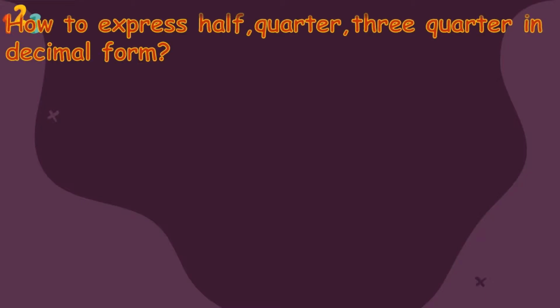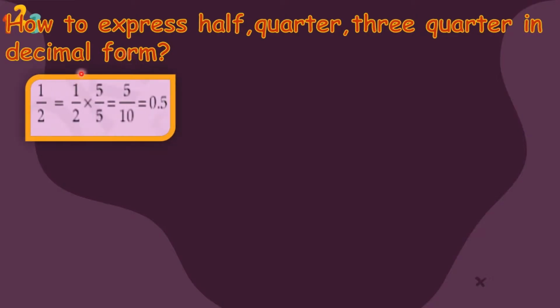Now, let us learn to express half, quarter, three-quarter in decimal form. We write half as 1 upon 2. Now, to convert this fraction into decimal form, the denominator of 1 upon 2 must be converted into an equivalent fraction with denominator 10.